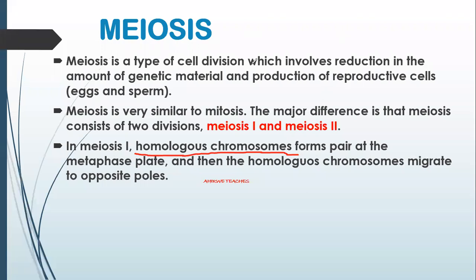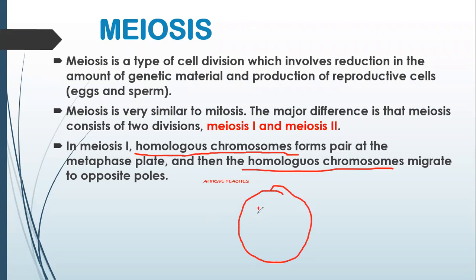After they have formed a pair, they will arrange themselves on the spindle equator and separate and migrate to opposite poles. That one is really key.